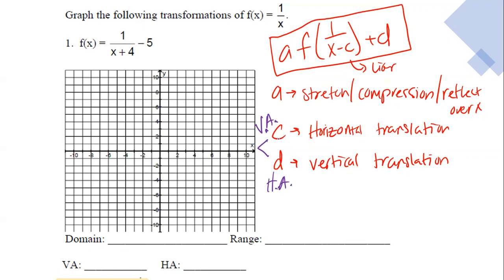Your C parameter is going to be your vertical asymptote. Your D parameter is going to be your horizontal asymptote. They're the opposite of what they do to the transformation. Your A is your stretch, compression, or reflection.